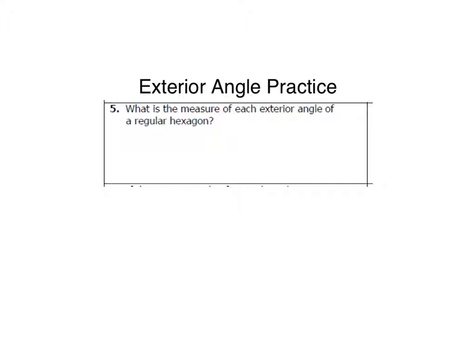All right, so here we go. We're going to read carefully. What is the measure of each exterior angle of a hexagon? Well, first I know a hexagon has 6 sides. How does that help me? Well, it's just bringing back your vocabulary and going over it in your head. So what's the measure of each exterior angle?